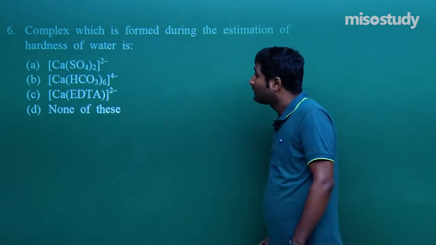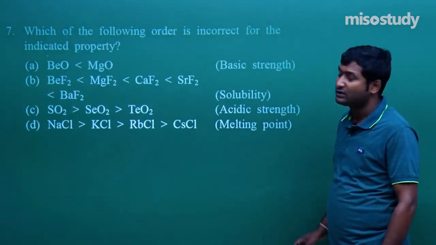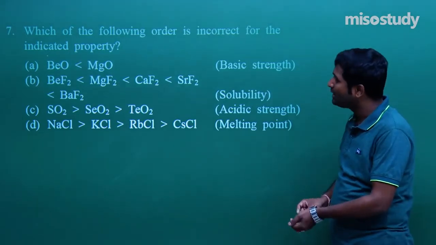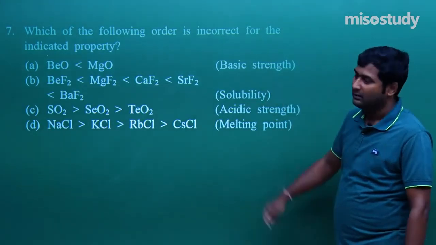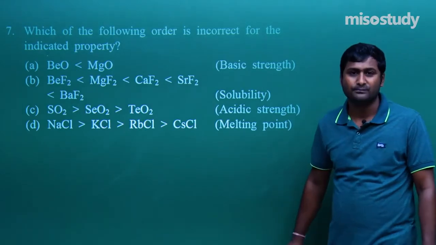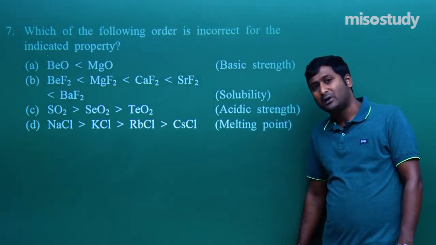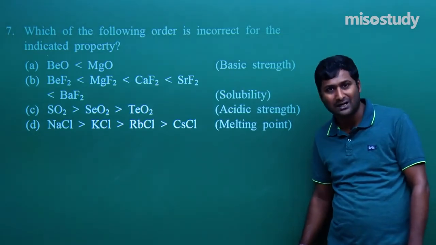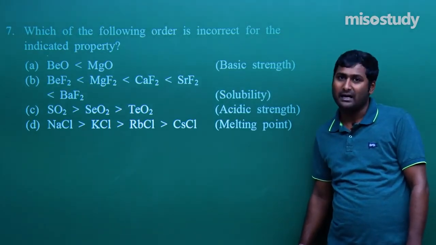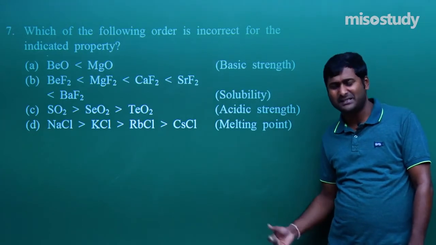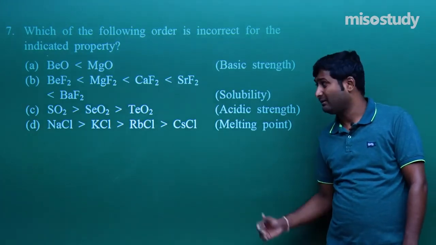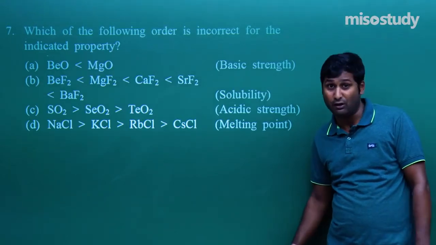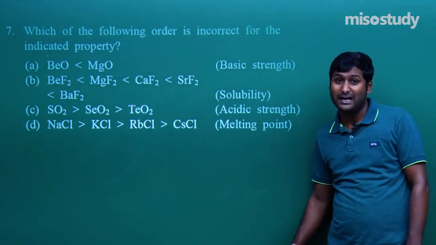Okay friend, let's move to the next question, question number 7. Now tell me how to solve this question. This is one of the good questions, and you have to apply your entire theory: stability order, basic character, oxide stability, acidic character also. Sometimes questions are on oxidation state.